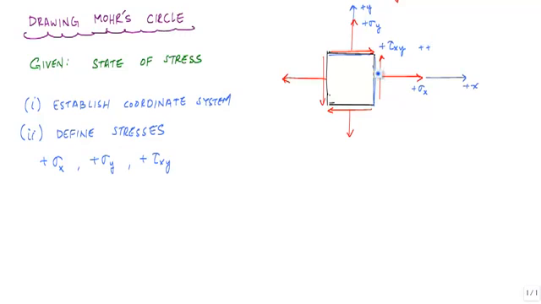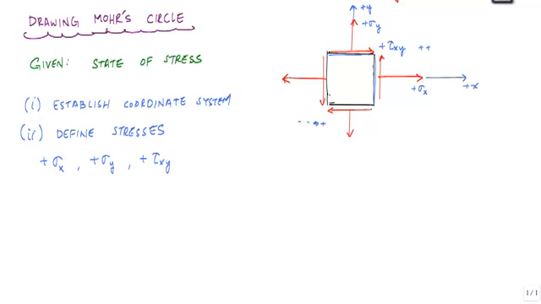And the way I look at this is a positive times a positive makes it positive. So if I looked at this arrow here, this would be on the positive y face in the positive x direction, positive times positive. And it works if I go down here. If I look at this arrow down here, this is on the negative y face in the negative x direction. This would be a negative times a negative, which would be a positive number.